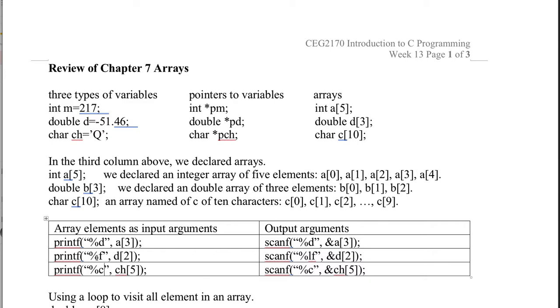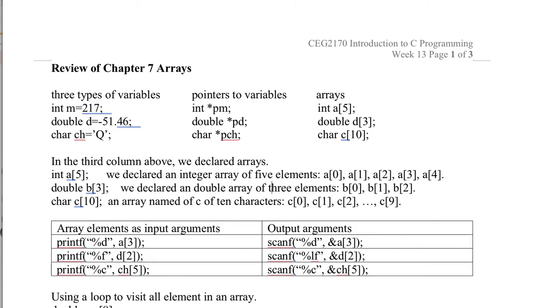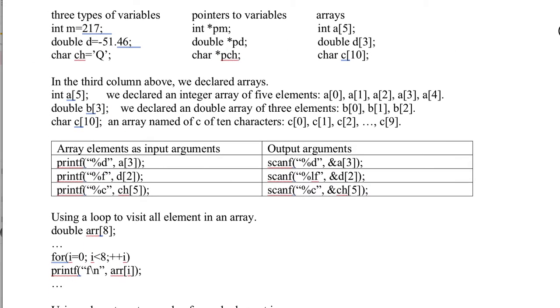You could just use %f directly in printf, but for scanf you're going to use %lf. Okay, and then ampersand. This is as an input argument, and ch5 as the input argument, ampersand ch5. Still, you will have to match the placeholders. So this is really the reviewing part of chapter 7.